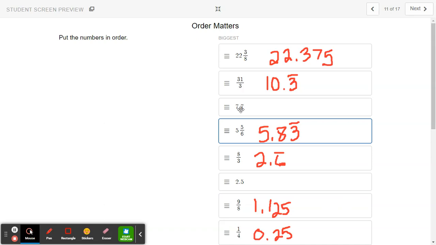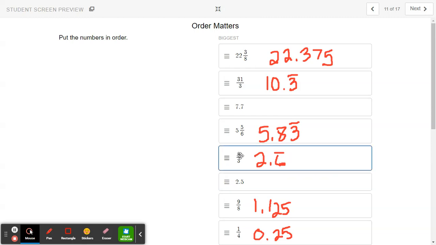So like I automatically knew this one, 5 and 5/6. That means that number is going to be bigger than 5, right? And no other numbers had just 5 wholes, so it didn't matter what the decimal was. 8 thirds: when I looked at this one, I knew this was one I was going to have to actually convert because of this 2.5, right?